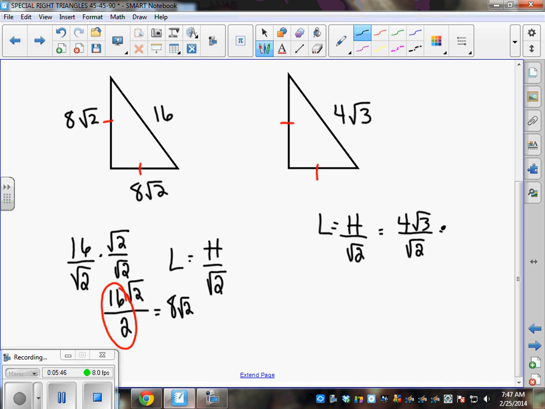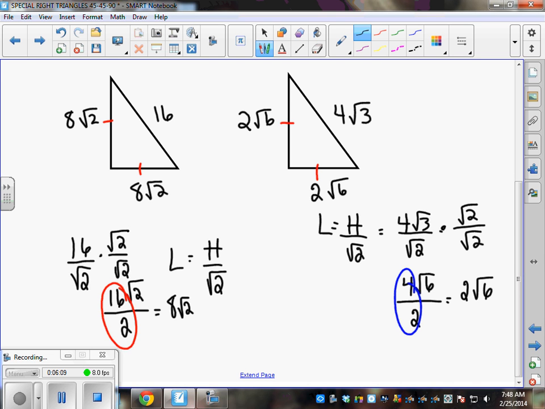We can't leave that radical on the bottom, so we multiply by square root of 2 over square root of 2. That gives me 4 square root of 6 over the square root of 4, which is 2. That simplifies to 2 square root of 6, because I can simplify 4 over 2 to 2. So each leg is 2 square root of 6.